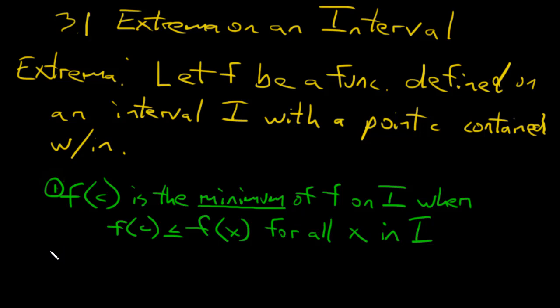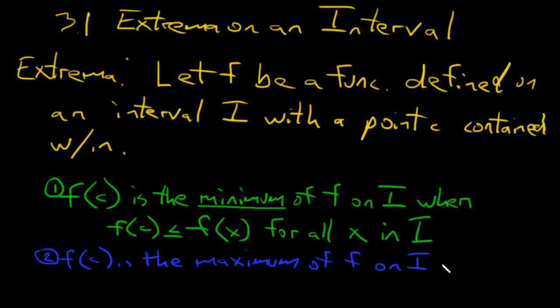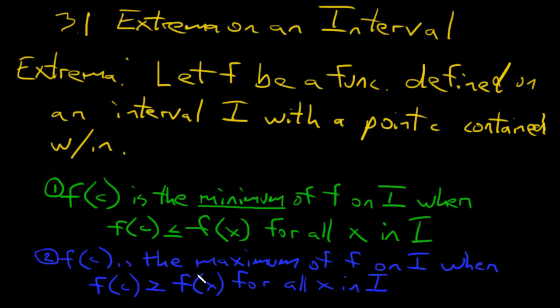Alrighty. Now for the next one, we can say, two, f of c, you can probably see this one coming, is the maximum of f on I when the f of c value, that y value, is greater than or equal to f of x for all x in I. So that one also makes sense.